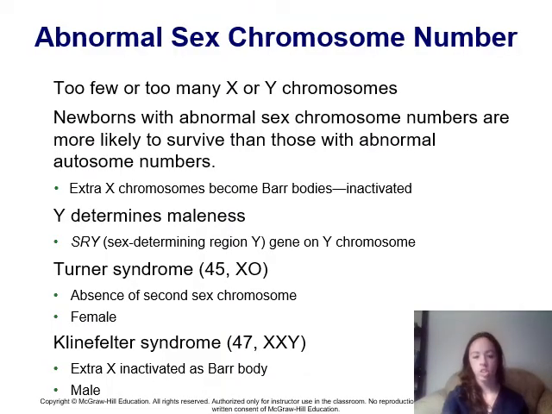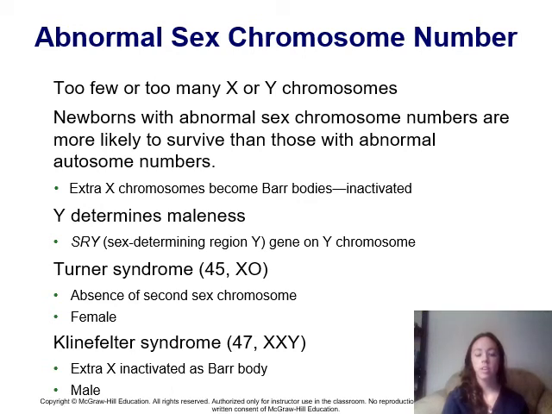So if non-disjunction happens with the sex chromosome, then it could result in the person having either 1 or 3 sex chromosomes. Newborns with an abnormal amount of sex chromosomes are going to be much more likely to survive than those with an abnormal amount of the other 22 chromosomes.